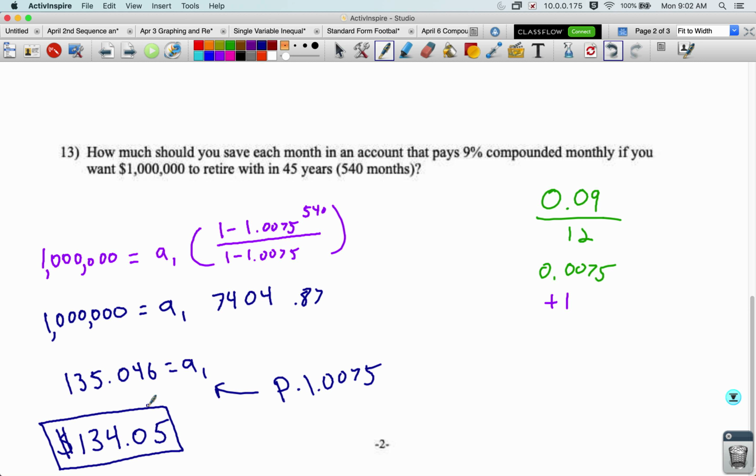Remember this number. This is a really good goal once you get your first job, to save $134 every month towards your retirement. Can you do it? This might seem like a big number early on, but it really does pay off if you can save $134 every month. That is your goal. Try to remember it.